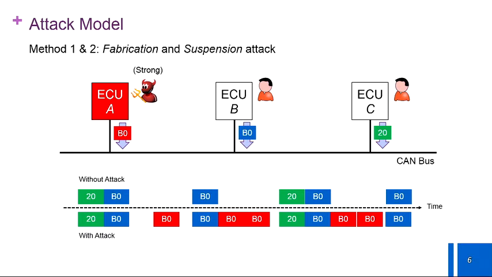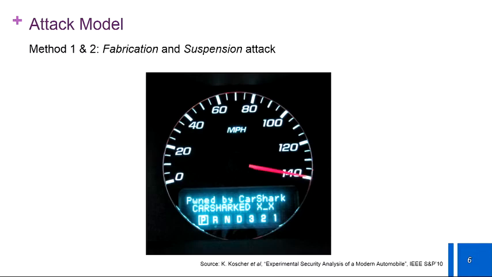So this is why attacks have been possible on in-vehicle networks. One representative example would be the one demonstrated in 2010 Oakland by researchers from University of Washington and University of California, San Diego. Although we didn't illustrate a suspension attack here, a suspension attack is one where, instead of injecting messages, you just stop transmission and no longer deliver information to others.